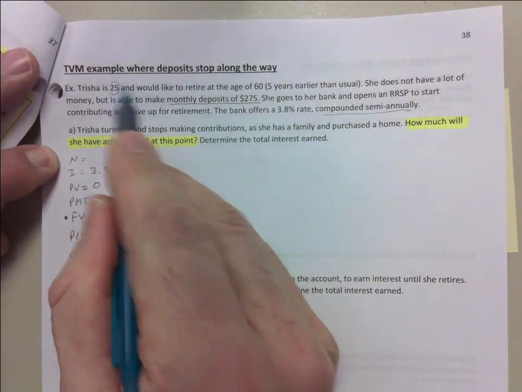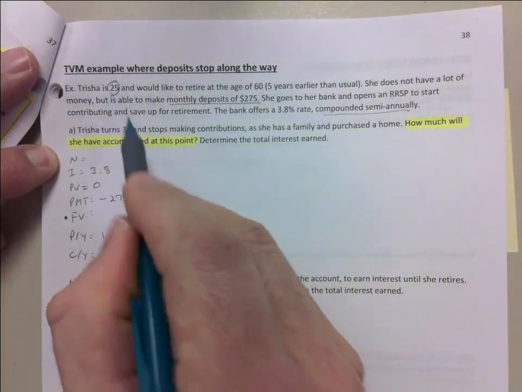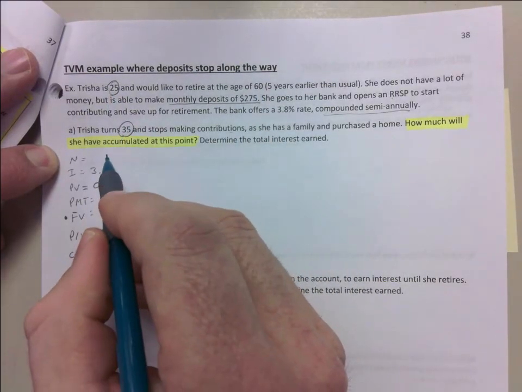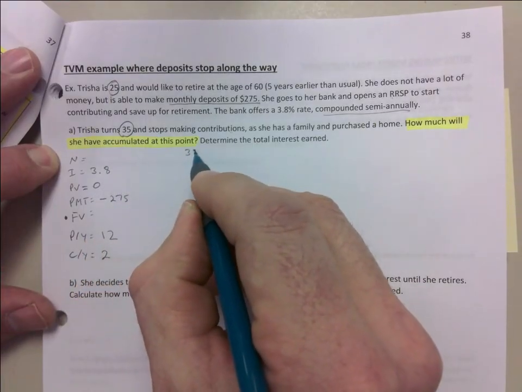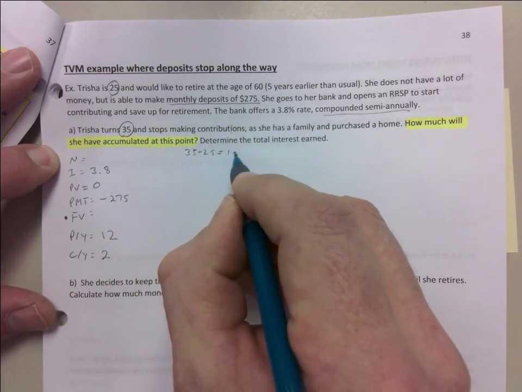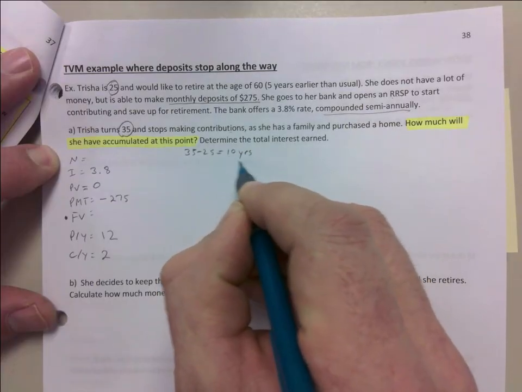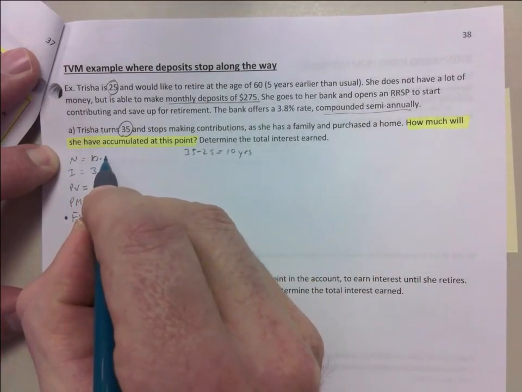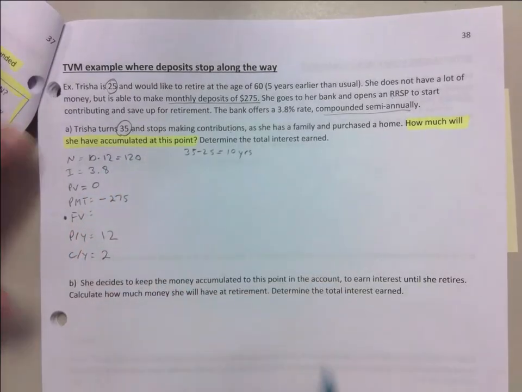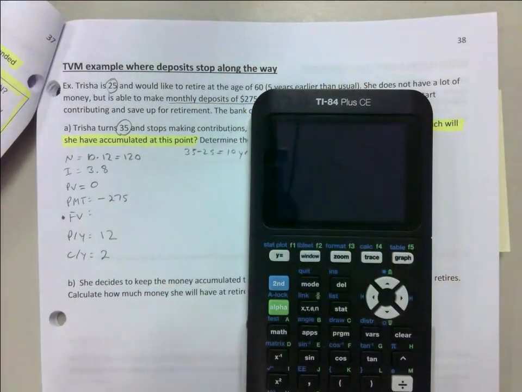It's a little confusing because of the 60, but it's going from 25 to 35, so it's 10 years. This is for your notes in the future. So it's 10 times PY, which is 120. You enter all of that.